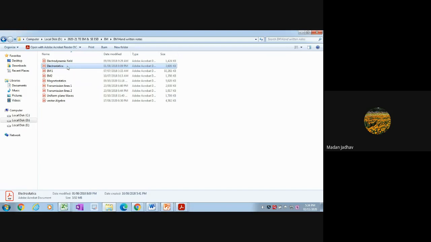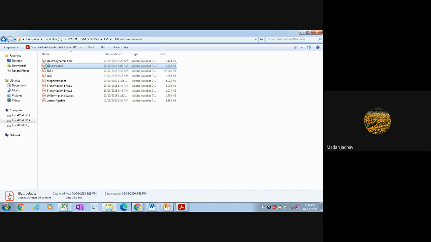Now, for the electric boundary conditions, whenever there is any electric field, we have to split that electric field into two components.